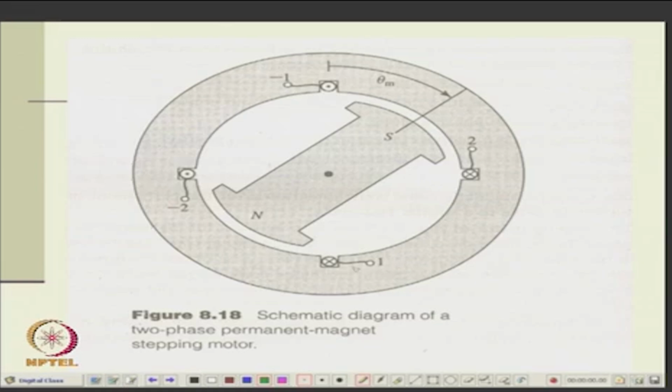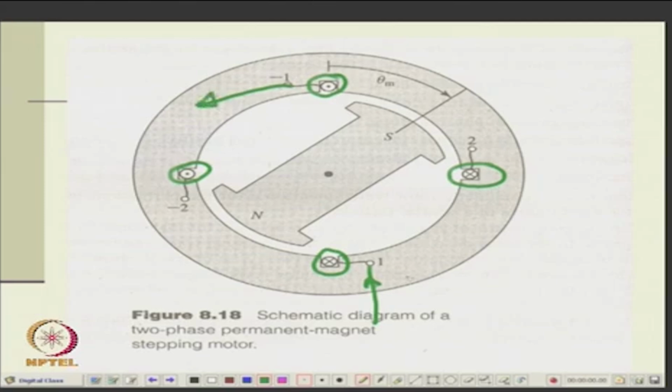And there are coil 1 here and minus 1 here, then 2 here and minus 2 here. So, you can say that current can enter here and come out here, I1, and similarly it can enter here and come out here. Okay. So, you can create the fields.